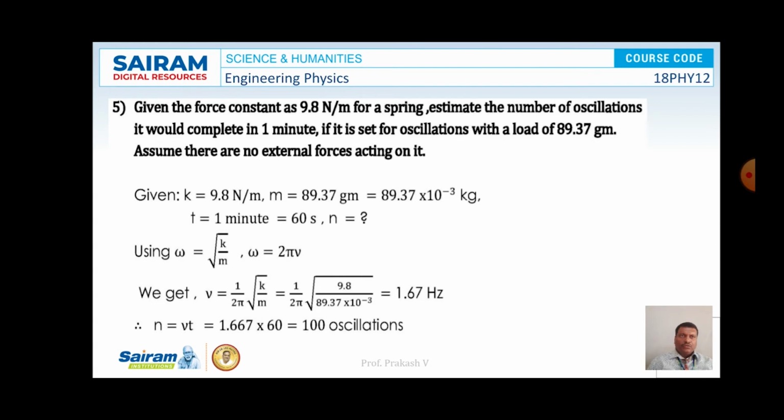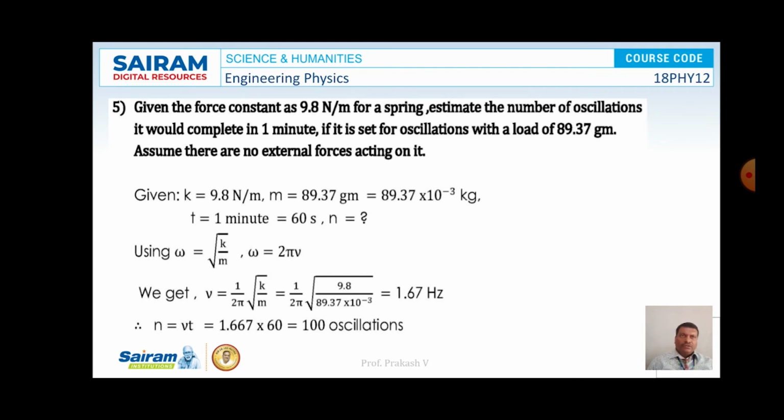Assume there are no external forces acting on it. Here K is equal to 9.8 Newton per meter, M is 89.37 grams or 89.37 into 10 to the power minus 3 kg, and T is equal to 1 minute, that is nothing but 60 seconds.